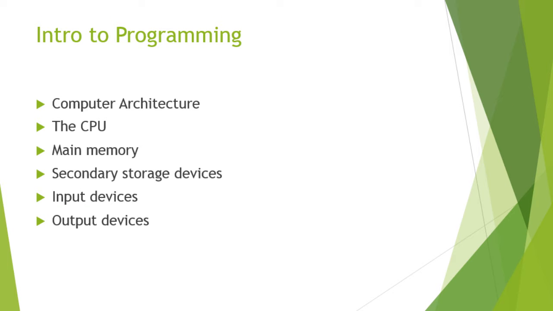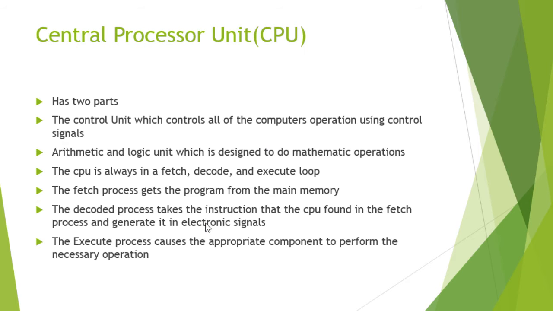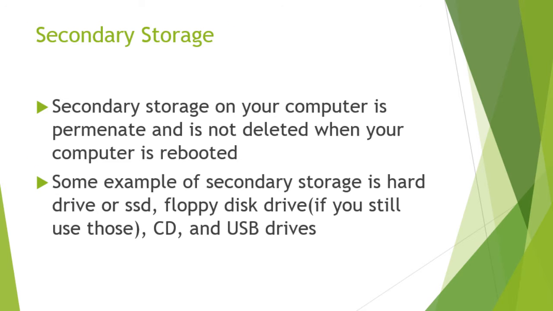Alright, so the first thing in programming, which I don't know if most tutorials go through, is computer architecture. The computer has a few main components that you need to know about: the CPU, the main memory, secondary storage, input devices, and output devices. The CPU, also known as the central processing unit, has two parts: the control unit and the operation unit.